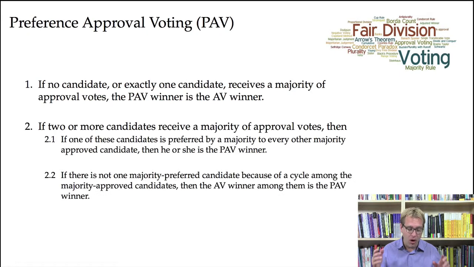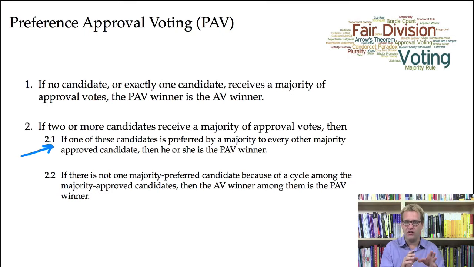However, if there's more than one candidate that receives a majority of approvals, then we have two cases to consider. The first is that we look at all of the candidates that receive a majority of approvals, and we try to figure out if there's one candidate that beats every other majority approved candidate in a head-to-head election. So this is kind of a Condorcet winner, but only among the majority approved candidates.